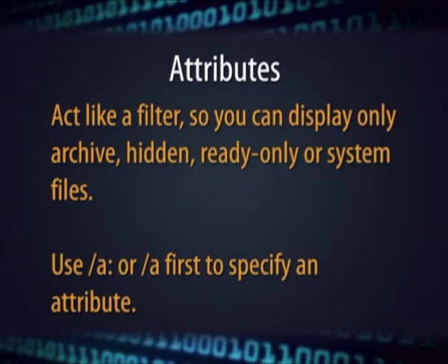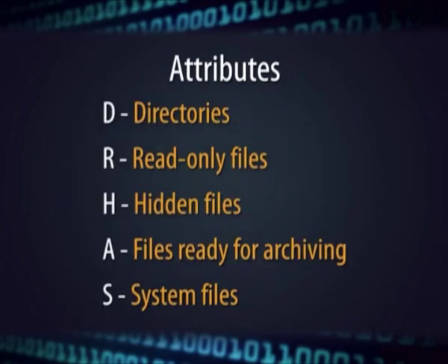Attributes act like a filter, so you can display only archive, hidden, read only or system files. Use /a: or /a first to specify an attribute. D for directories, R for read only files, H for hidden files, A for files ready for archiving, S for system files.